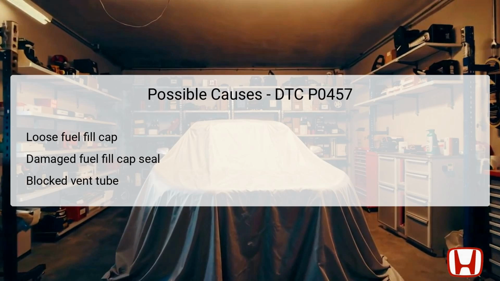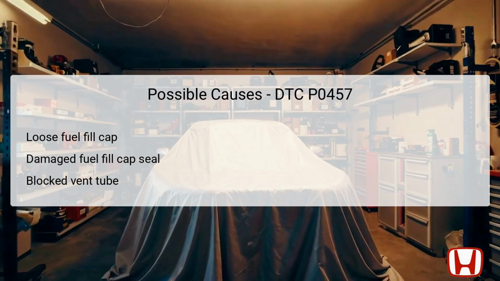Additionally, blockages or damage to the EVAP canister vent tube can also lead to erroneous leak detection. Each of these components plays a vital role in maintaining the sealed environment of the EVAP system. Any failure in these parts can trigger the P0457 code, signaling a need for immediate attention to prevent further emissions issues or performance deterioration.